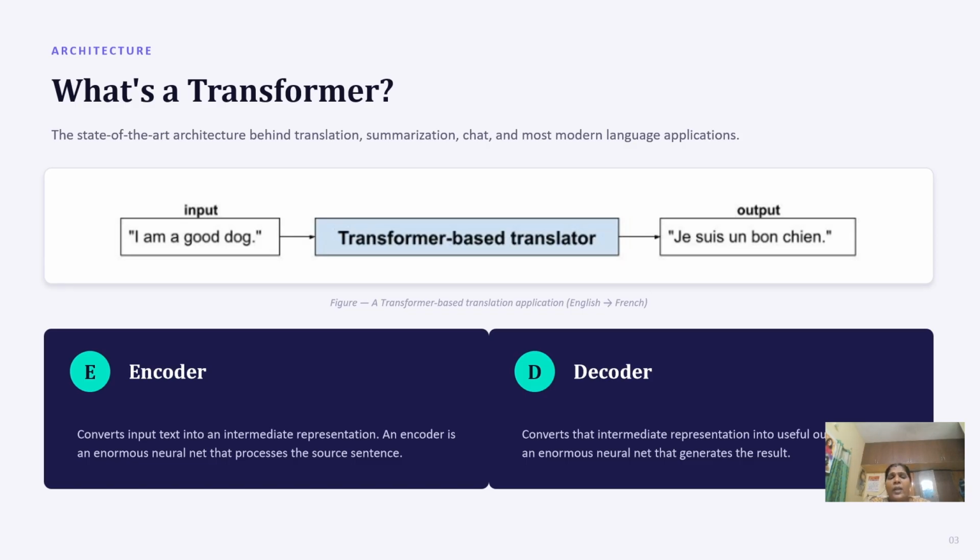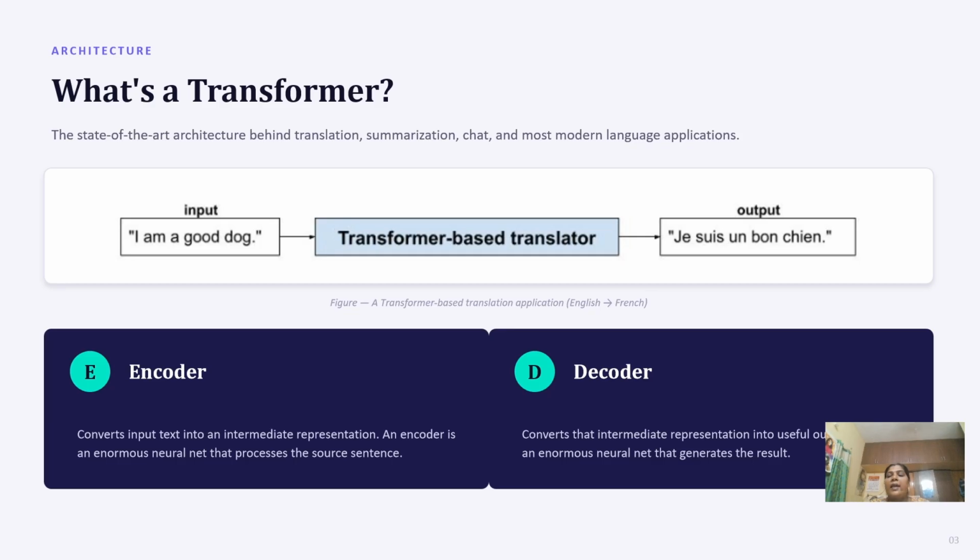When you talk about the encoder, it is the one that converts input text into an intermediate representation. An encoder is an enormous neural net that processes the source sentence. The decoder is the one that converts that intermediate representation into a useful output text.